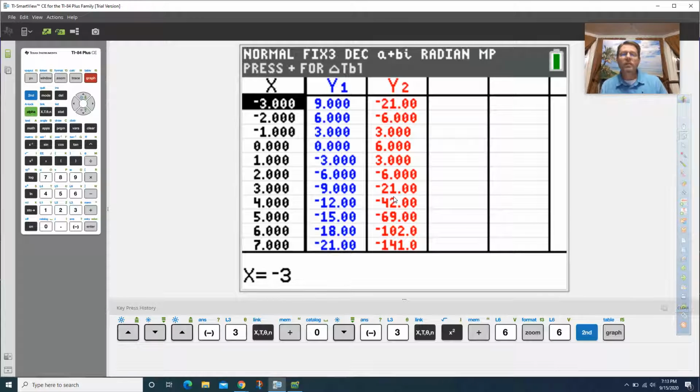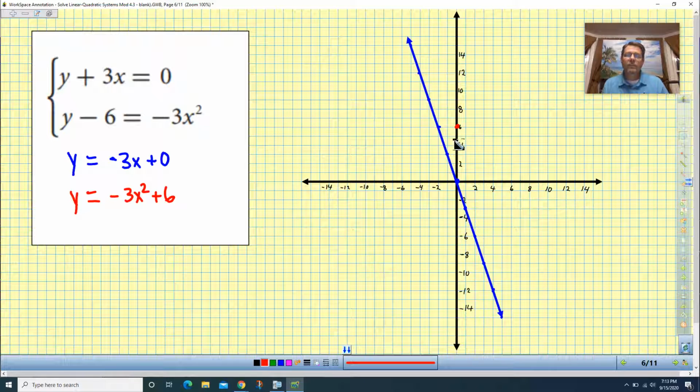Now we need to graph the parabola. Okay, so here are our points. So let's jump over to this guy. Okay, negative 3, negative 21. It's going to be tough to graph that one. So I would say we'll go ahead and put it right there anyway.